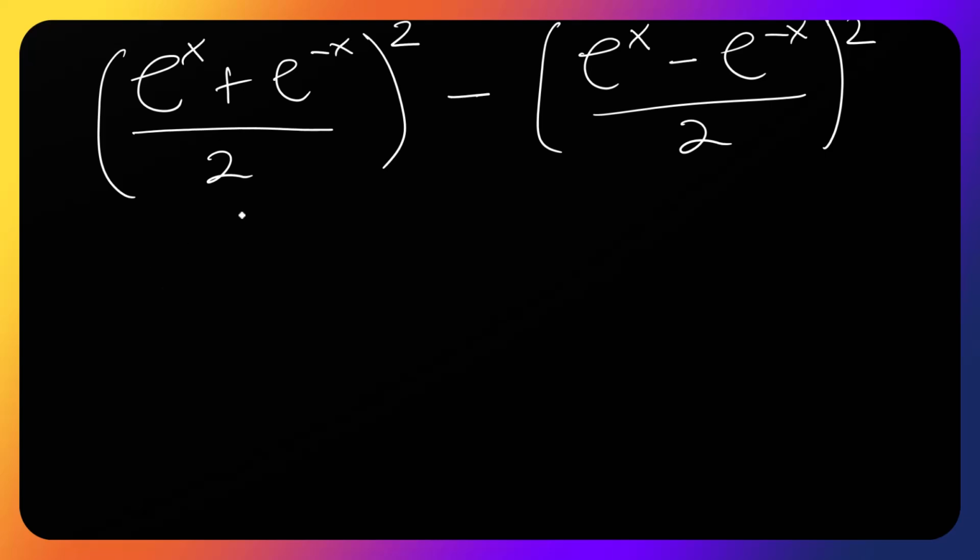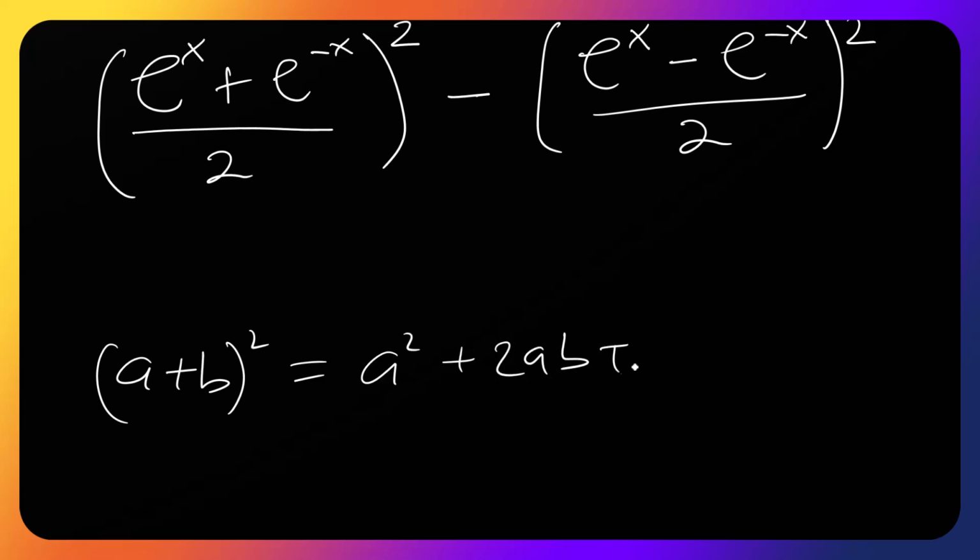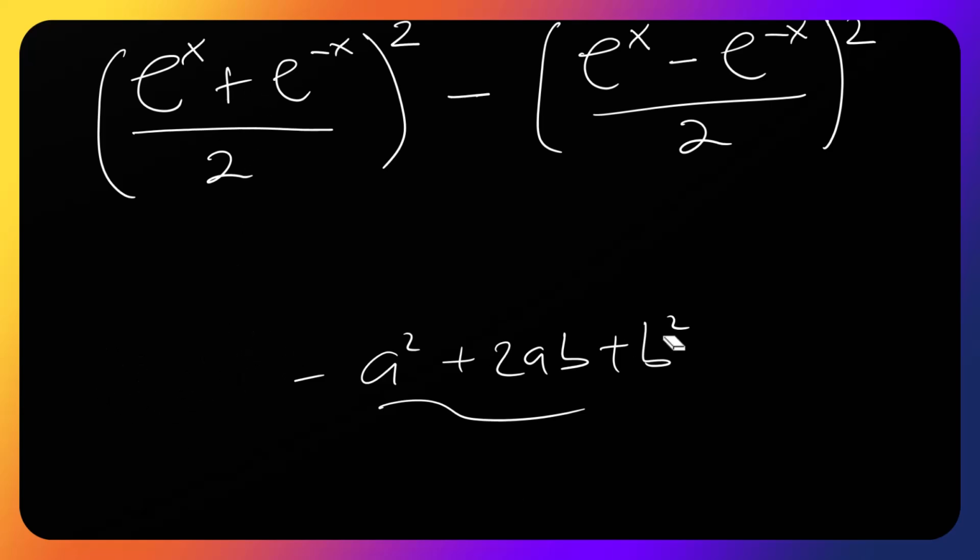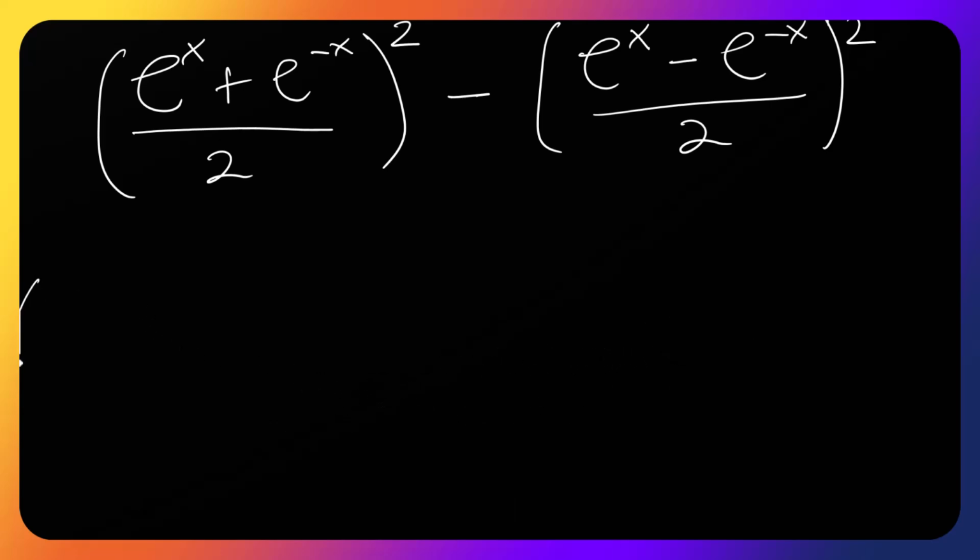Now let's get started by expanding both sides. We have a plus b all squared is a squared plus 2ab plus b squared. We want to use the same analogy here, so this will be applicable to the numerator. From here, the denominator will be 4.